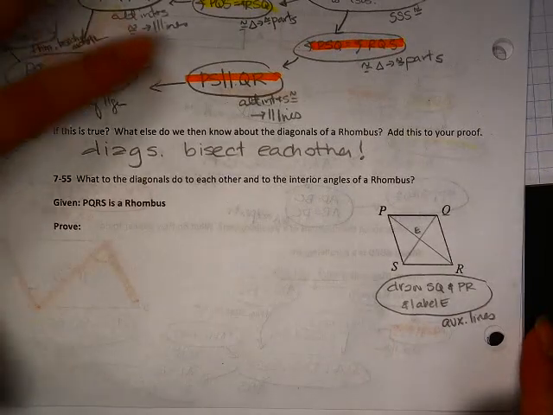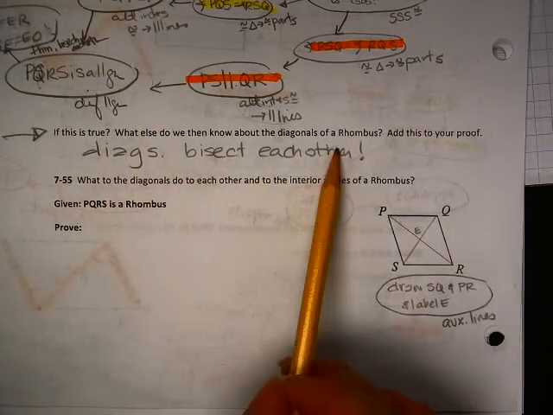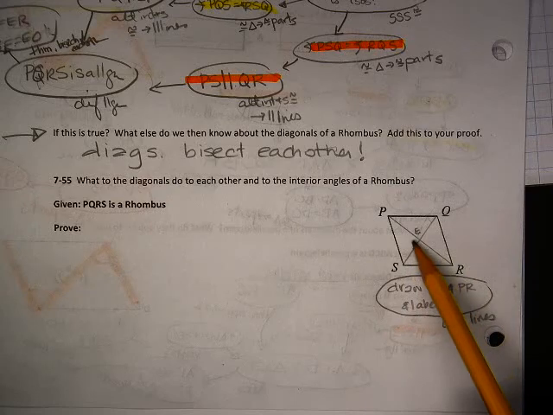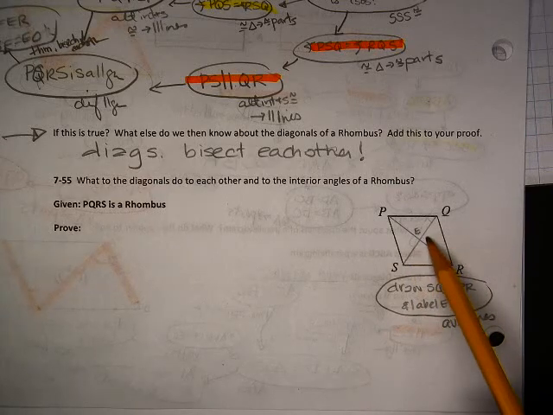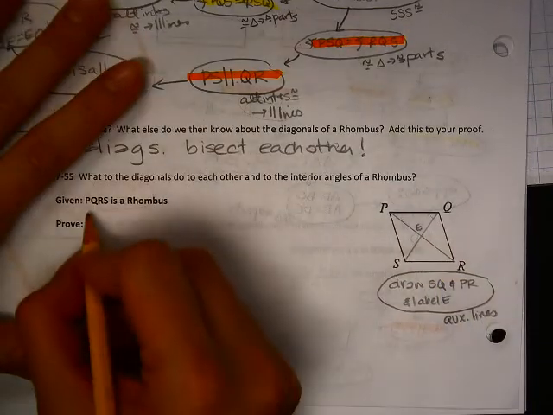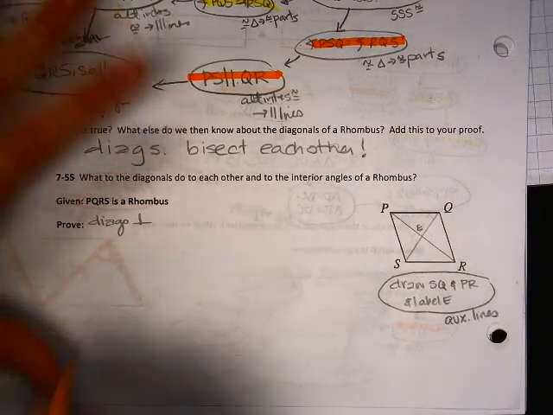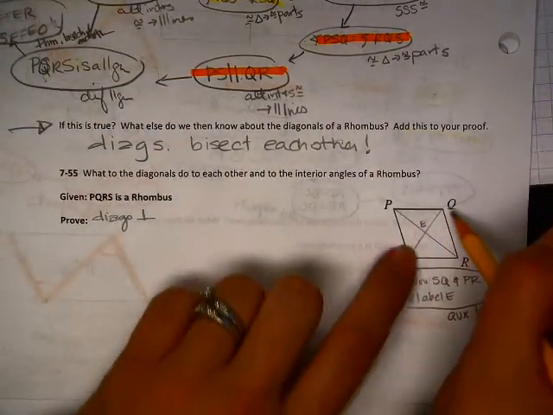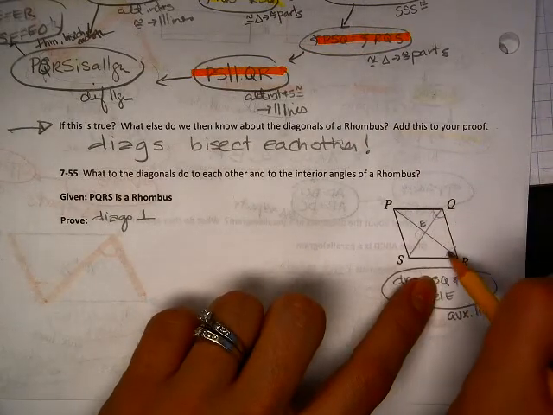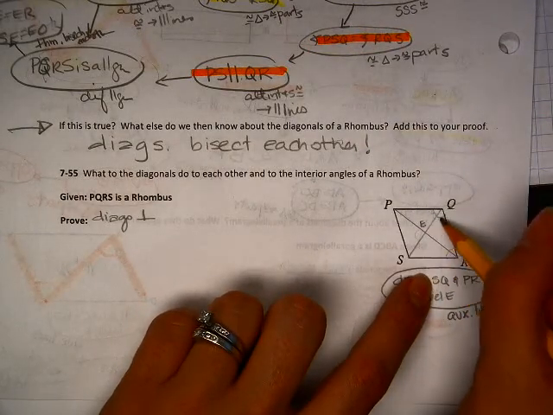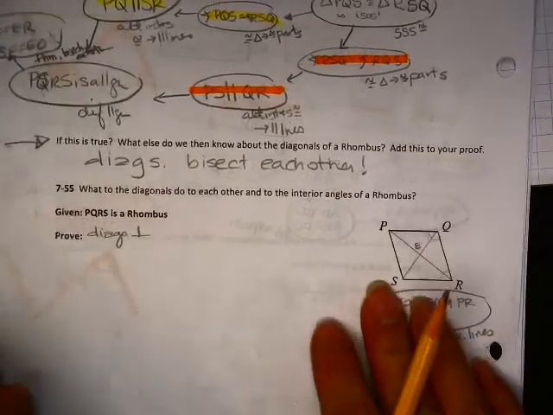So what we want to do is we know they bisect each other. What else seems to happen? If you look at this, it appears 90. So we're going to try to prove that the diagonals are perpendicular to each other. And if you look here and you look here, it appears that these two things are equal and these two things are equal. Now let's go back over here with a parallelogram.